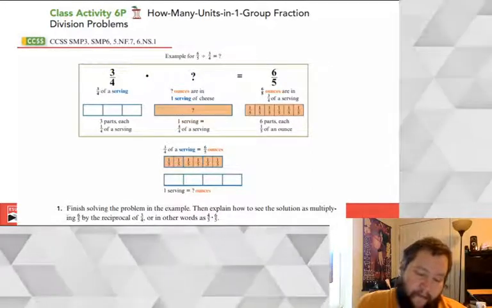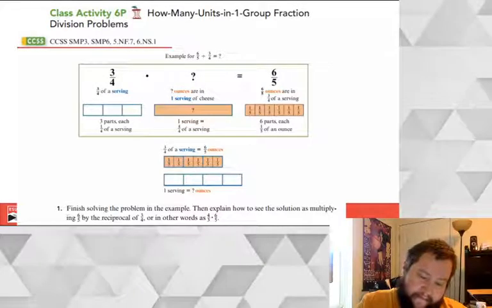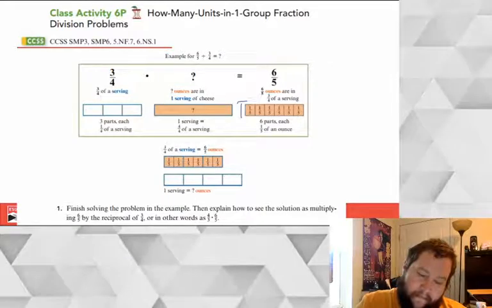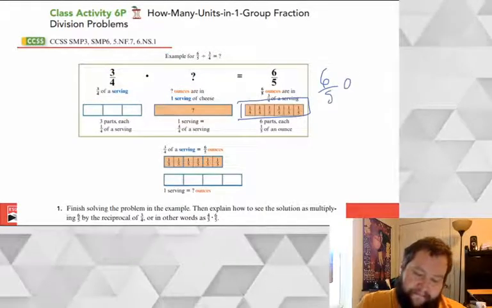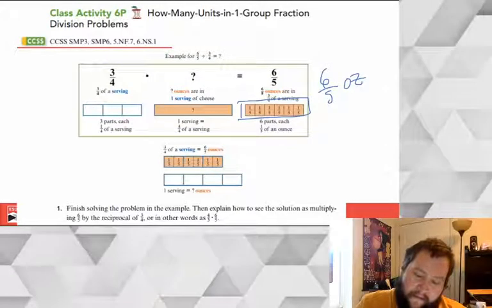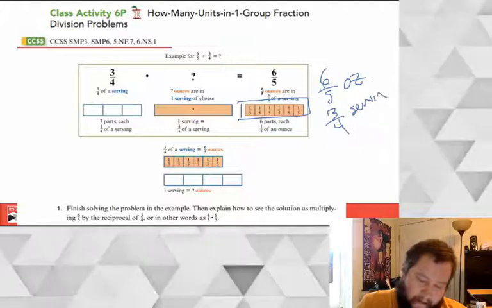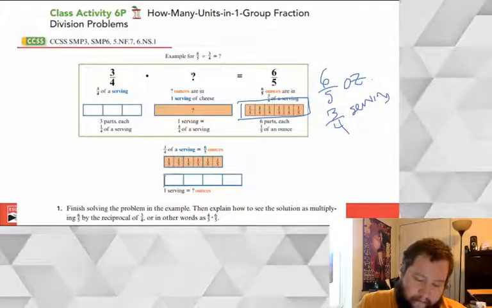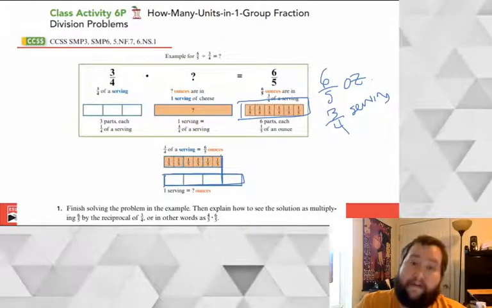Well, so we know that this amount, let me get my pen, 6/5 ounces, we also know that's 3/4 of a serving. So if I line that up with a whole, if this is my whole serving, this should line up to 3/4, which it does.